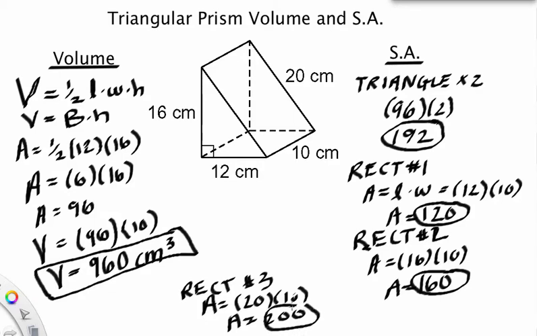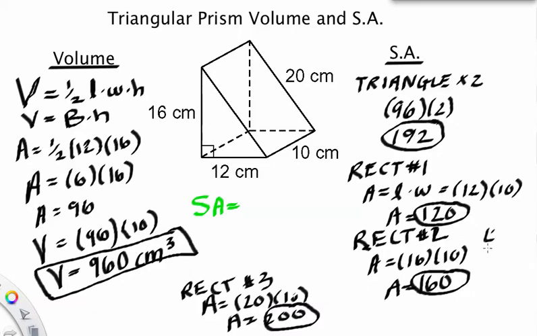Now to find the surface area, all I need to do is add those all together, and that should give me the surface area. So SA equals 120 plus 160 is 280, plus 200 is 480.